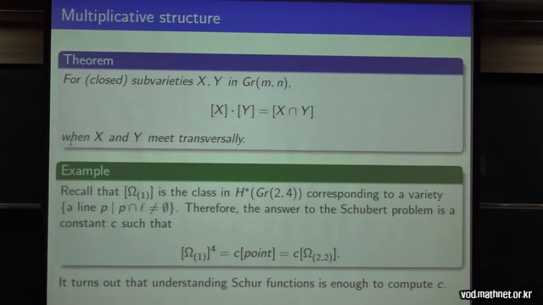So multiplication in cohomology corresponds to intersecting.